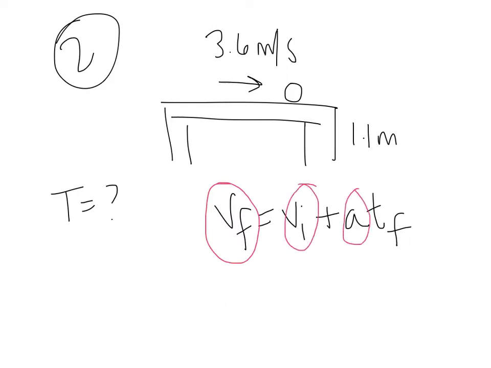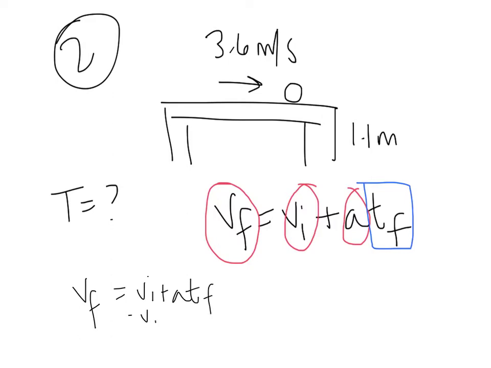Do I know acceleration? This is what I want to know, right? So this looks like a rearrange the furniture situation. So if I'm going to rearrange the furniture, then I can go VF equals VI plus A TF.